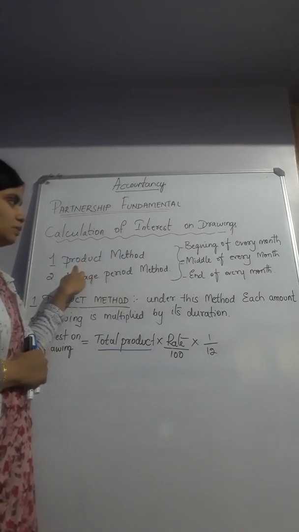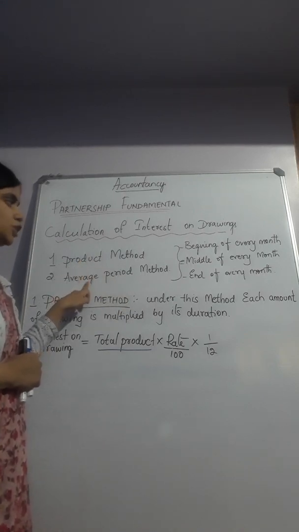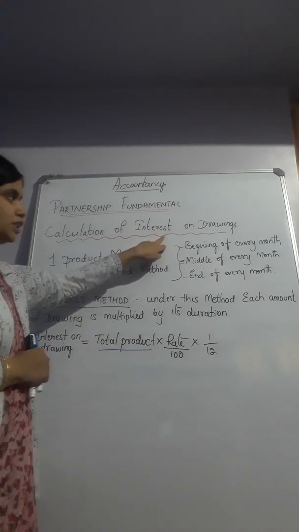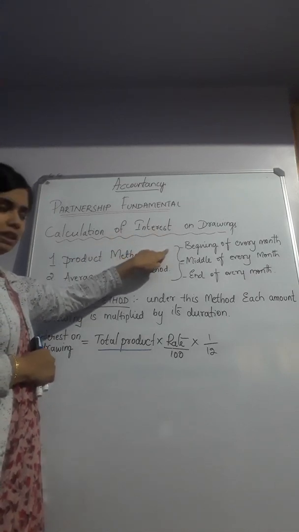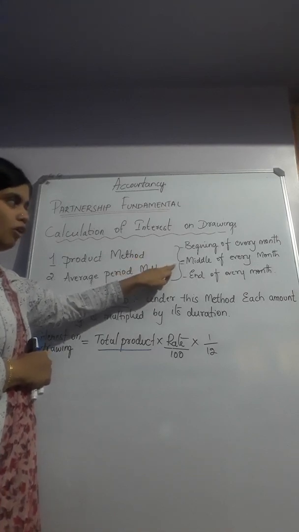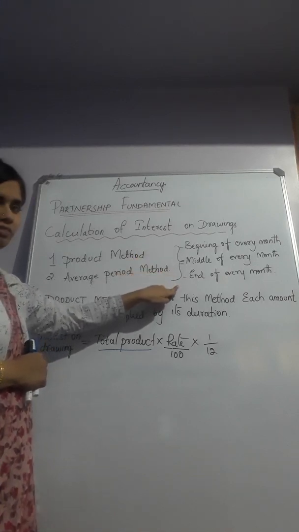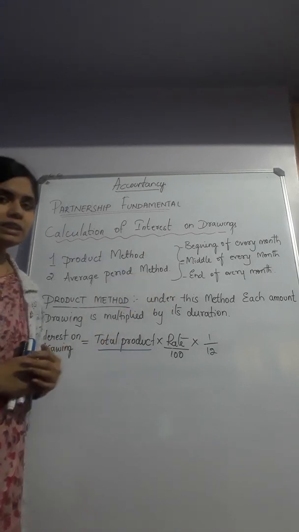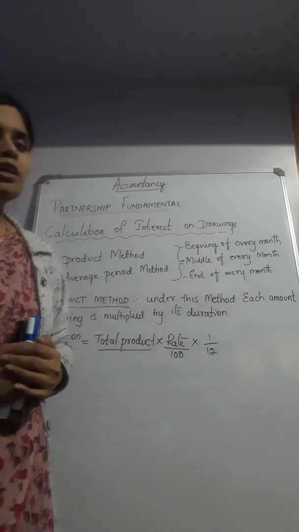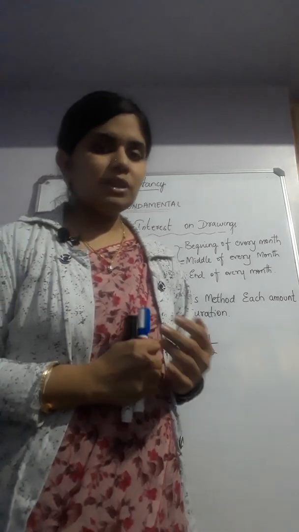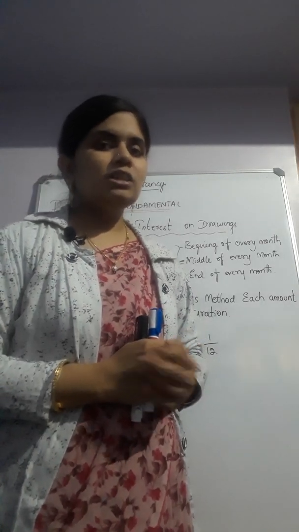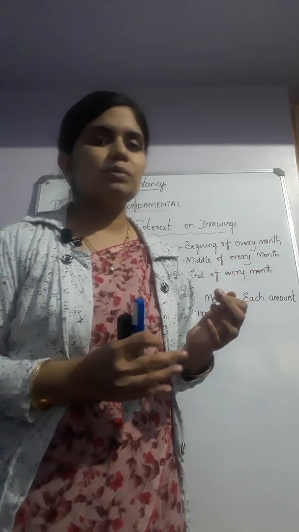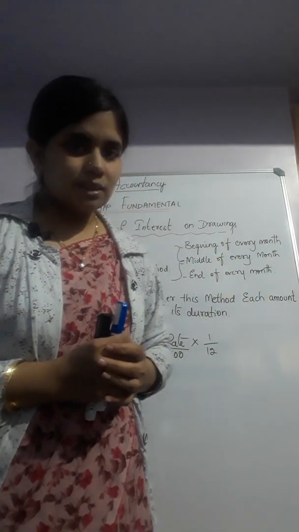For the product method and the average period method, interest on drawing can be calculated in three ways: beginning of every month, middle of every month, end of every month. As we know, we have 12 months in a year: January, February, March, April, May, June, July, August, September, October, November and December.